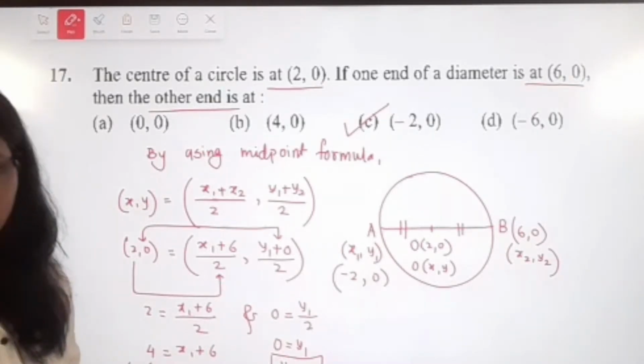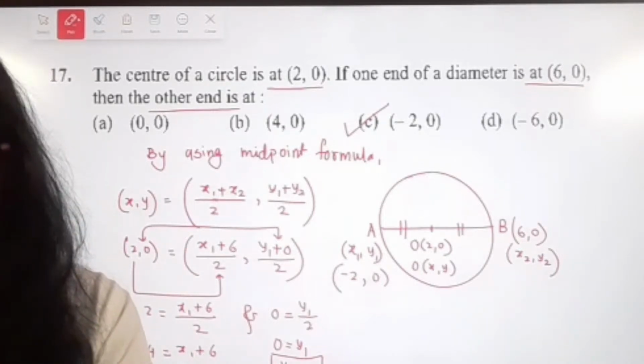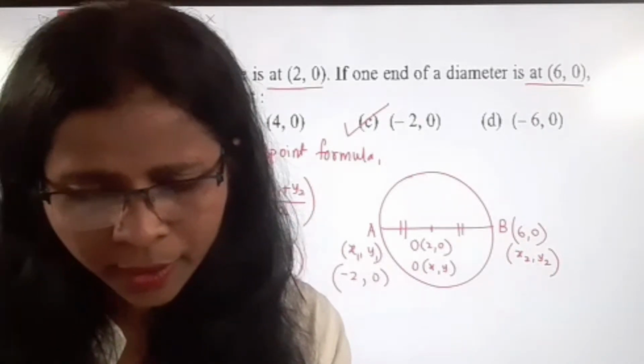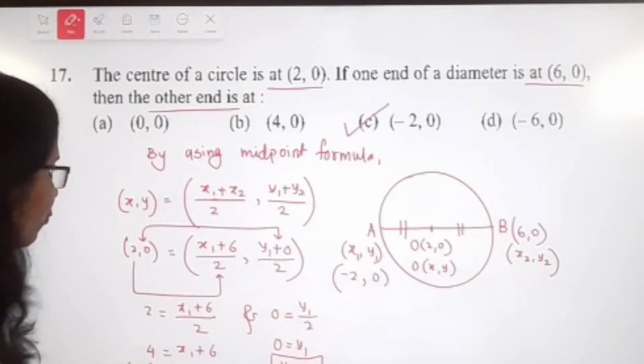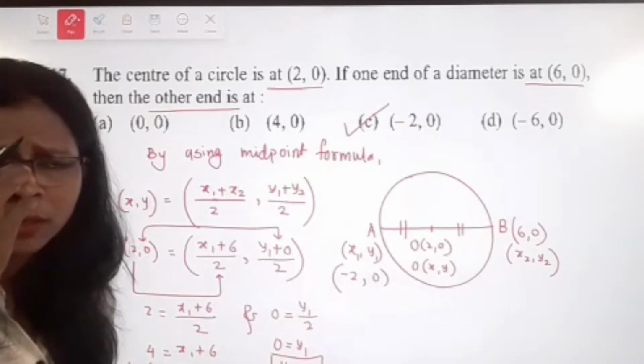I think I should check here. 4, 0, equating with x1 plus 6. Here, students, some mistake. The center is (2, 0).